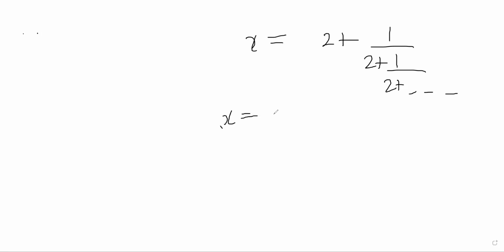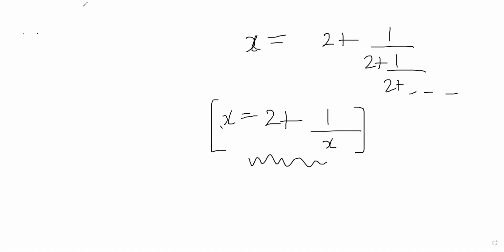Yes, the right side is a finite number because you can always find the value of that thing, right? Anyone can find the value of this thing. Assume it is x, then you can say x is equal to 2 plus 1 by x, right? In that question, you can find the right hand side very easily. The left hand side is going to infinity. The limits are 1 to infinity or something, right?